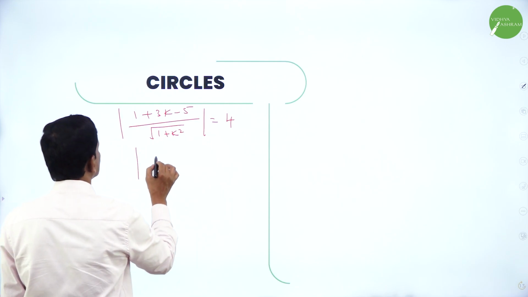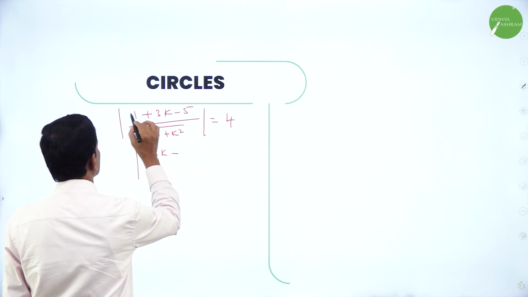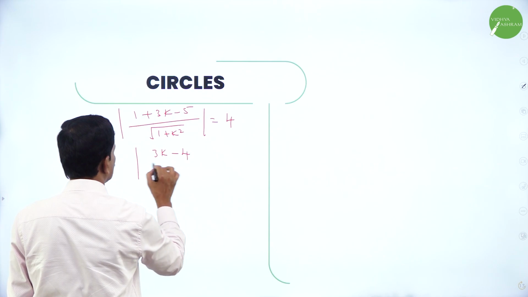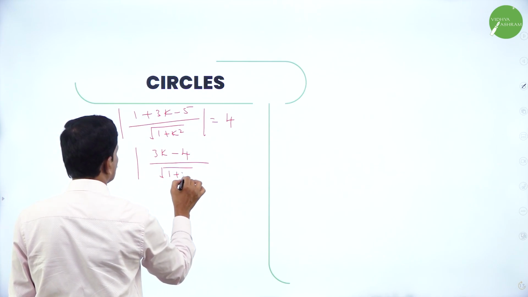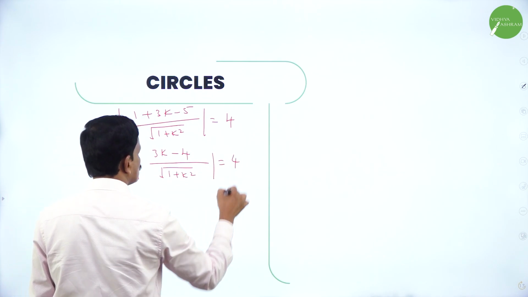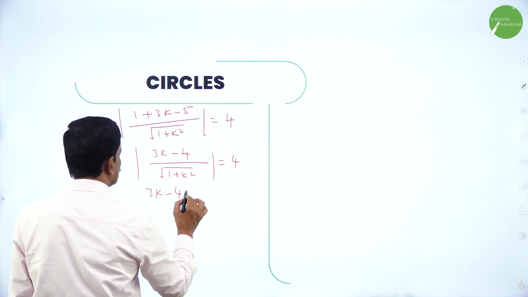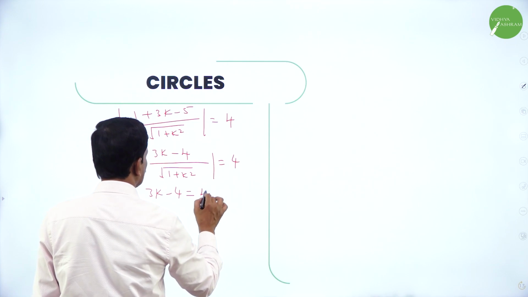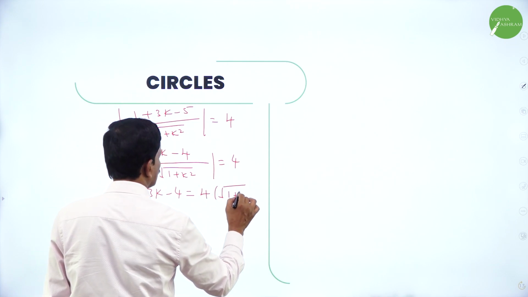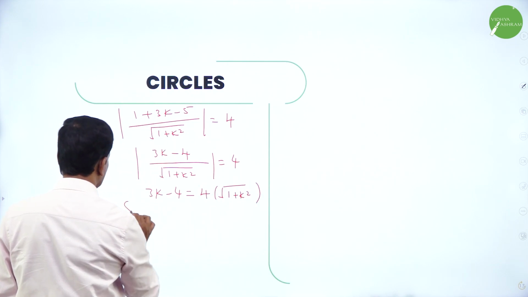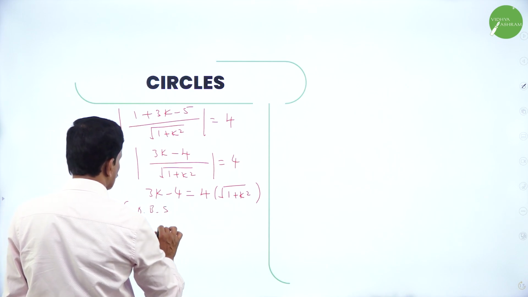Now what is this equal to? 3k - 5 + 1 is 3k - 4, divided by root of 1 plus k square, is equal to 4. So this can be written as 3k - 4 is equal to, cross multiplied, 4 into root of 1 plus k square. Now squaring on both sides. So what happens?